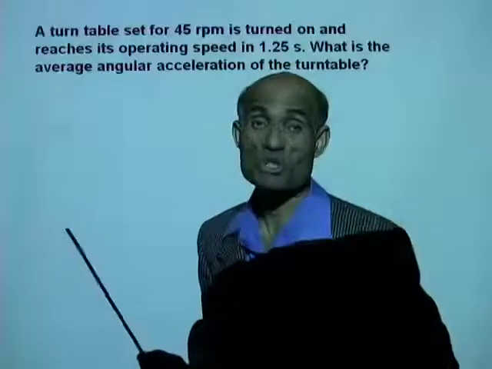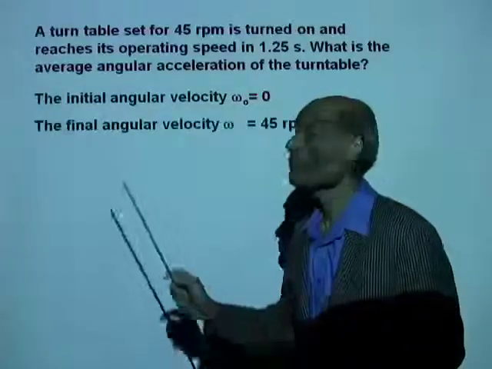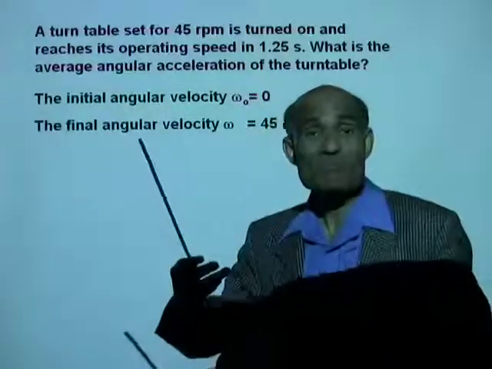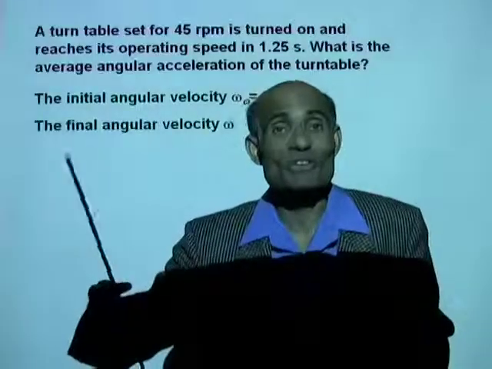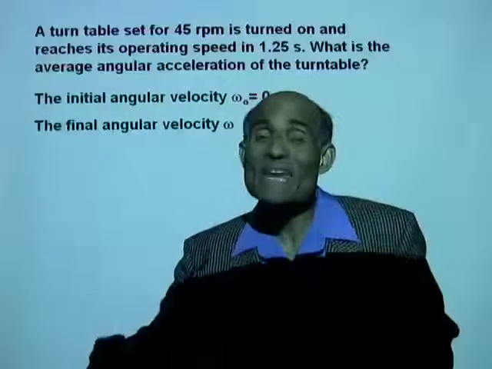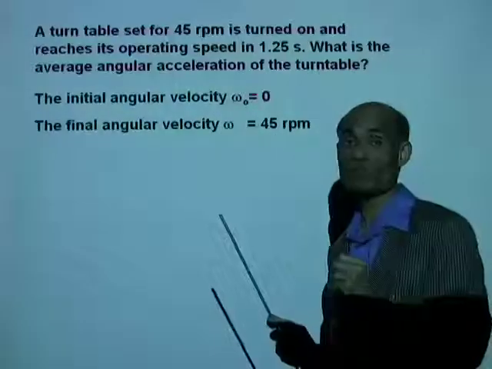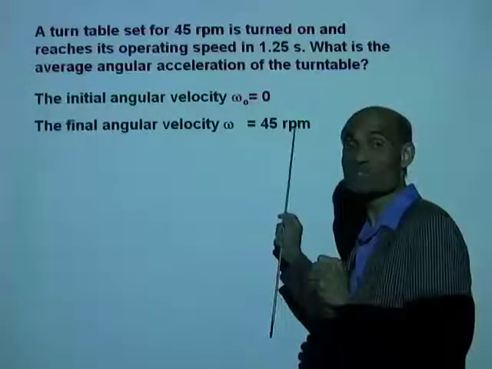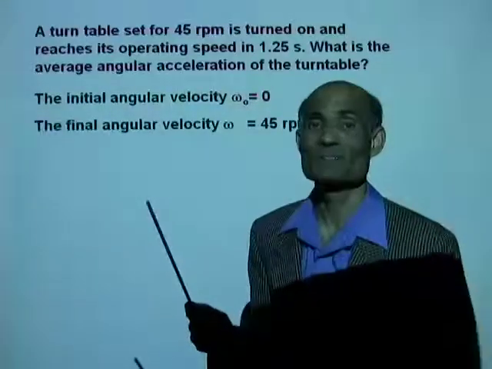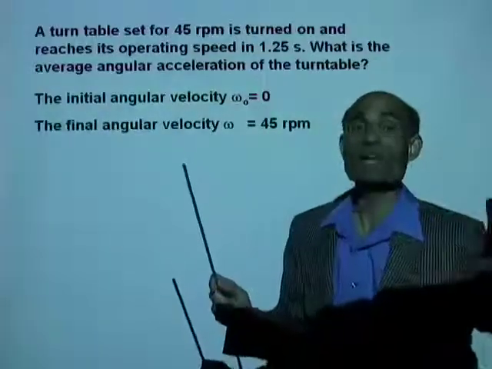So we have initial angular velocity omega 0 equal to 0. The final angular velocity, you can see, is 45 RPM. You need to convert it to radian per second. Not revolutions per second, this is revolutions per minute. How do you convert that to radian per second? You see, each revolution is 2 pi radians.